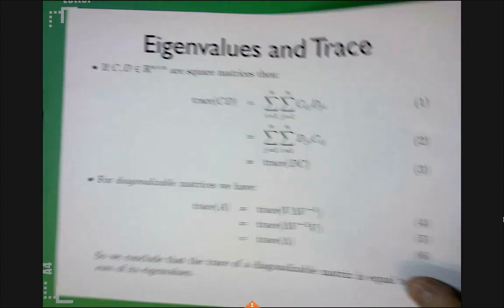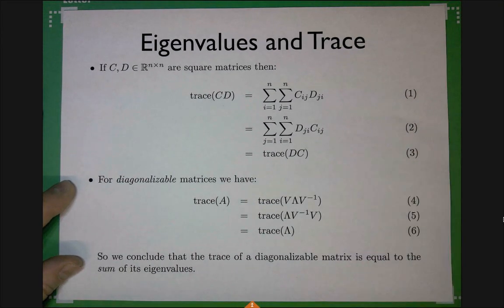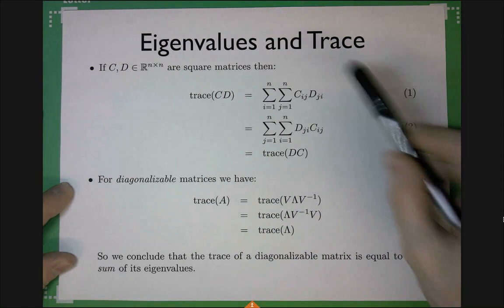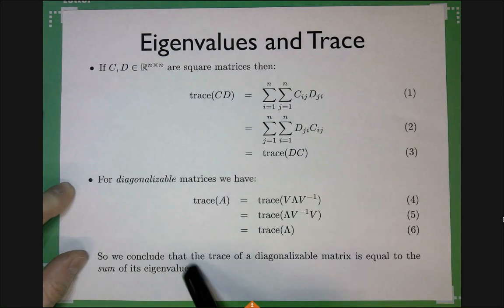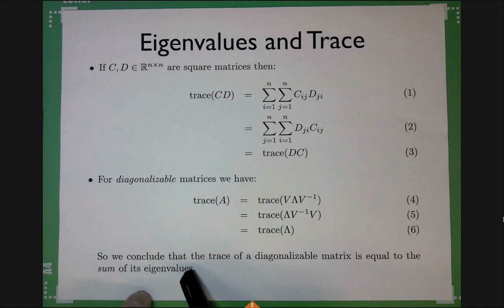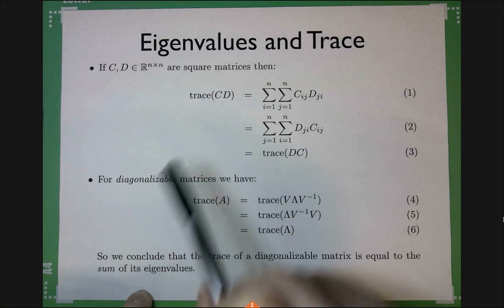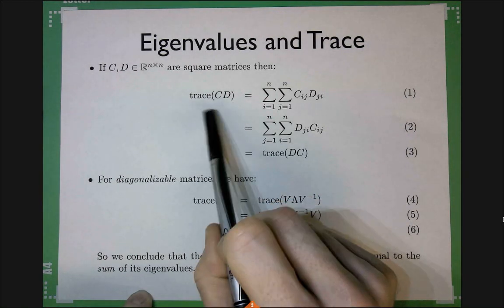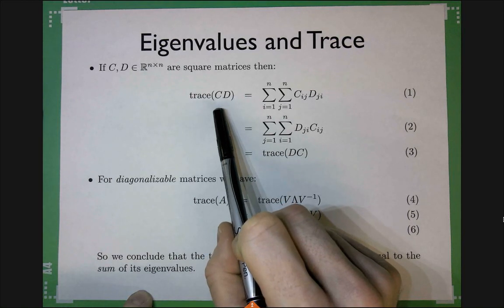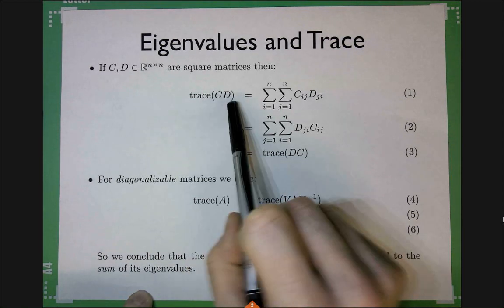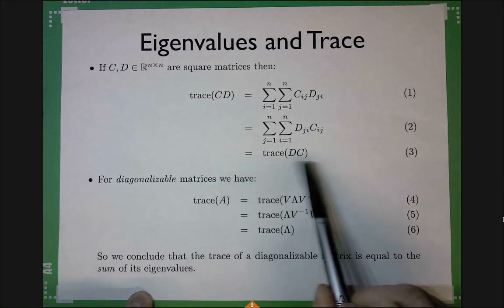And I must tell you this too, that there is this cool property relating trace and eigenvalues. Okay, let's see if I can explain that real quick. If it doesn't work, then I'll reiterate on Friday. There is one property of the trace that says trace CD is the same as trace DC.